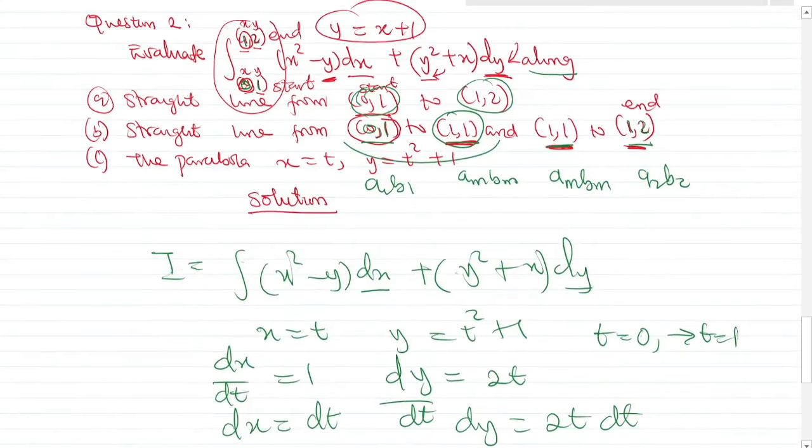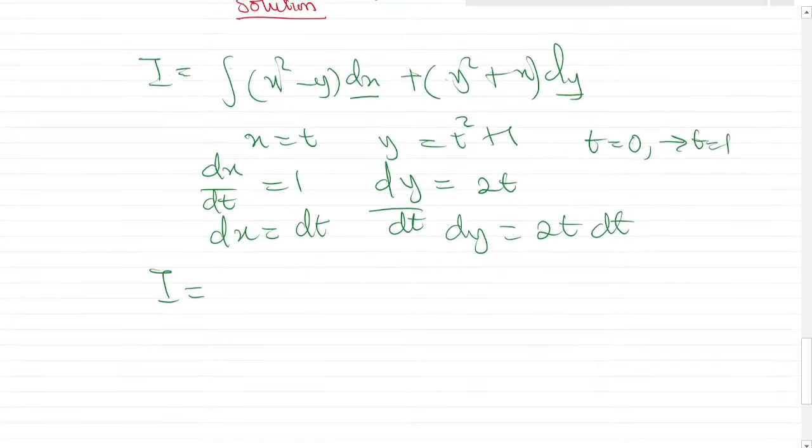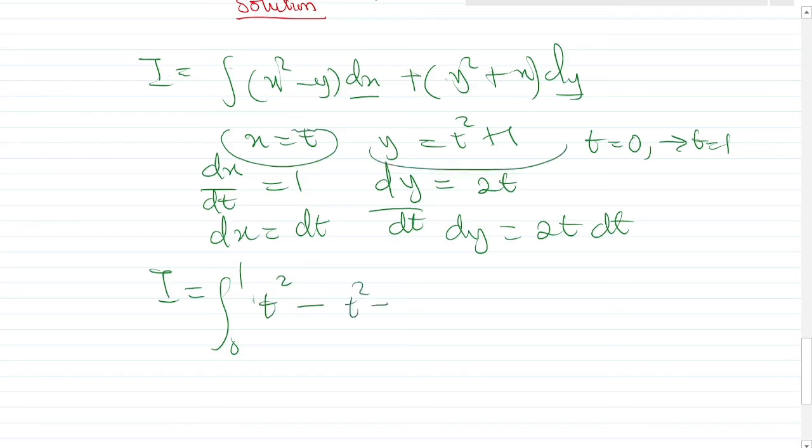Now, what are we going to do? We're going to have the integral from 0 to 1. So x is already t, so t squared minus y. Y is t squared plus 1. So what I've just done here is that I changed x to t because x is t.